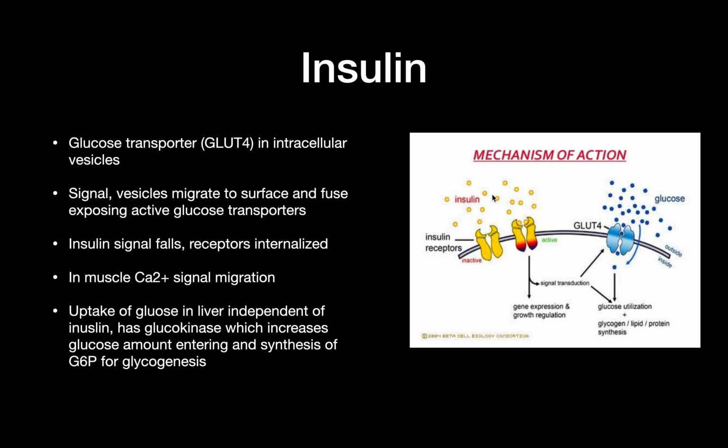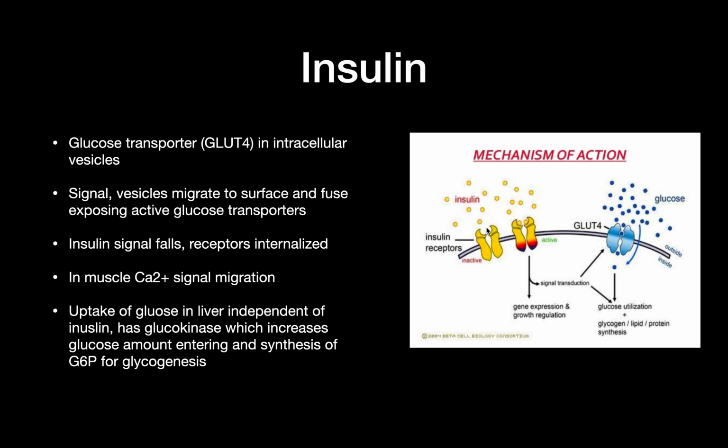And when glucose levels are high, the vesicles, they're not always active, right? So they'll go forth from the inside of the cell to the surface, and they fuse with the membrane, and then those will expose the active glucose transporters.